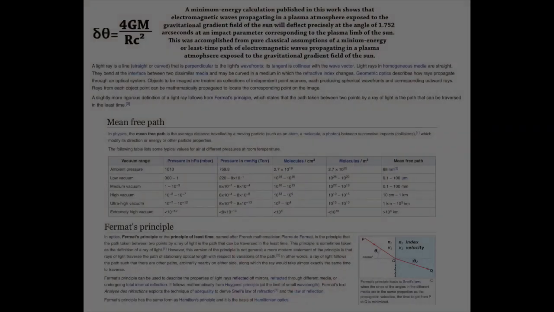One can claim this effect has to do with the minimum energy path, or the scattering or light bending having to do with bending due to refraction of the plasma itself. Nothing to do with relativistic effects at all.